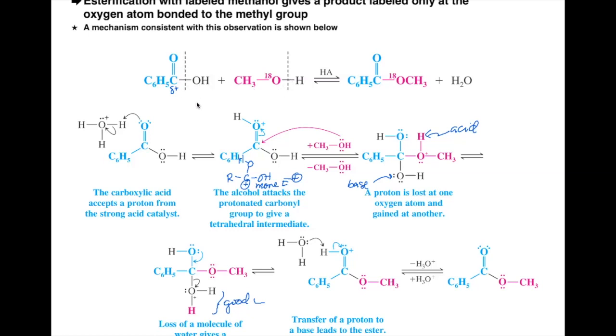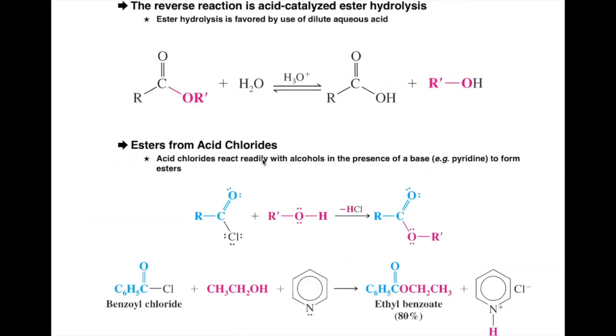At ito ang kumakabit. And OH plus H becomes water. Okay, so ganun siya. Okay. Now, so again, reversible ang reaction. So we can hydrolyze an ester in the presence of an acid forming a carboxylic acid plus alcohol.